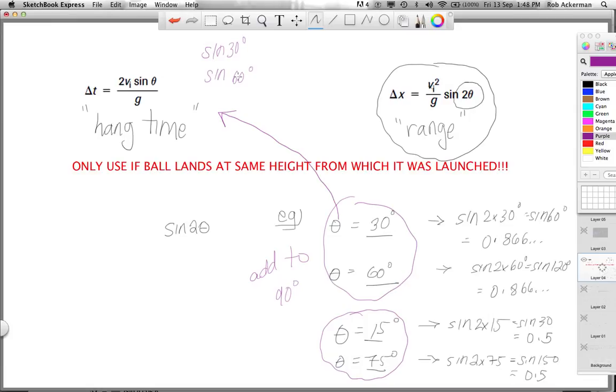Sine of 30 is not equal to sine of 60. These are not equal, which means the times will be different. In fact, maybe you can see the sine of 30 is less than the sine of 60.